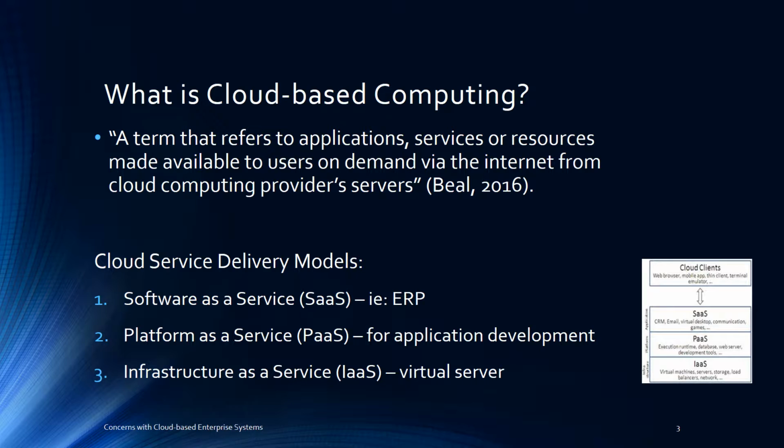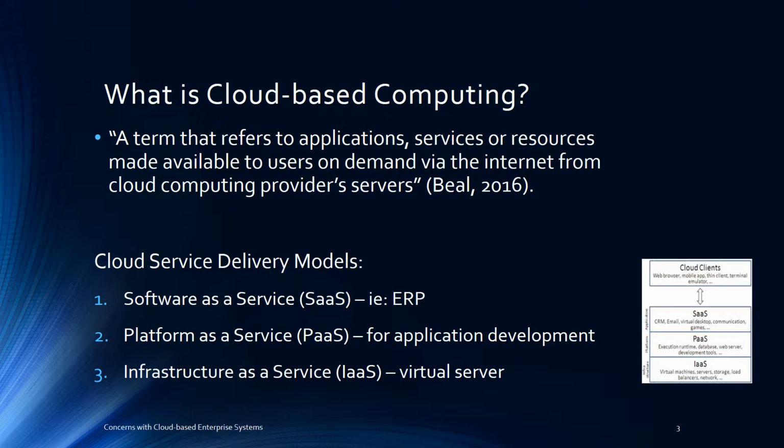With that, there are three different cloud service delivery models available. The first is software as a service, and you can see I have ERP listed there. Another example of software as a service would be Microsoft Office 365.